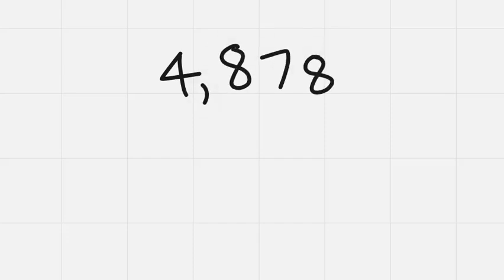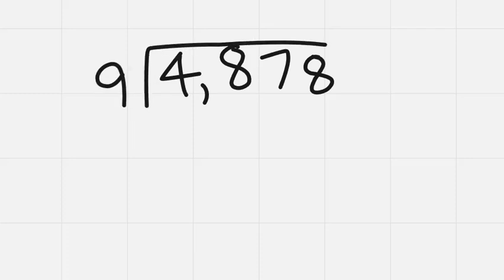4,878 divided by 9. We're going to begin by looking at the first digit, which is 4. 4 is less than 9, so we can't use it. We'll look at the number next door, which is 8. So we're going to look at 48. We're going to count by 9 to get as close as we can to 48 without going over.